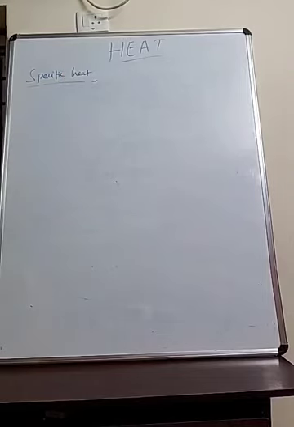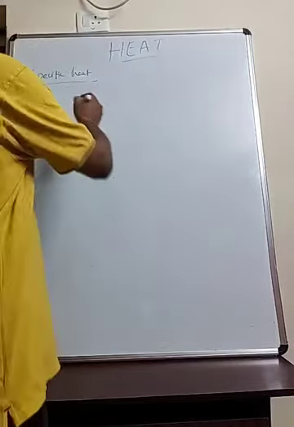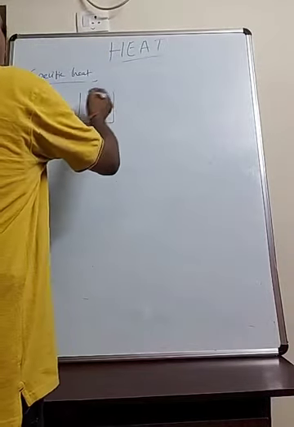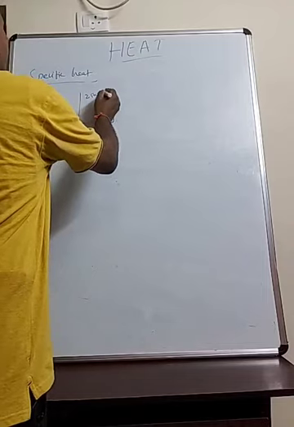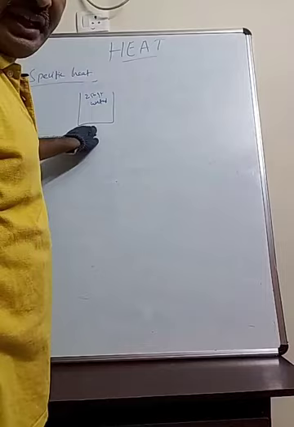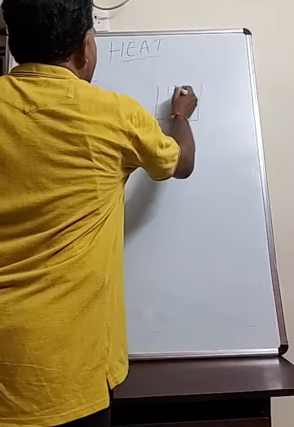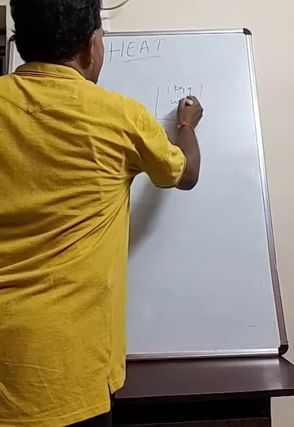What is specific heat? First of all, if we consider two beakers, in one beaker we take 250 grams of water. So the mass of the water here is 250 grams. In another beaker, we consider 1 kg of water.